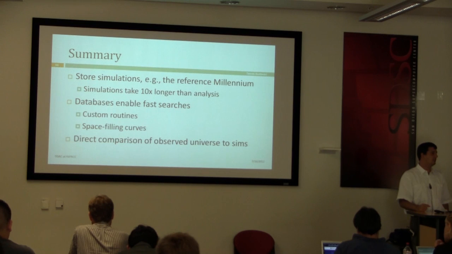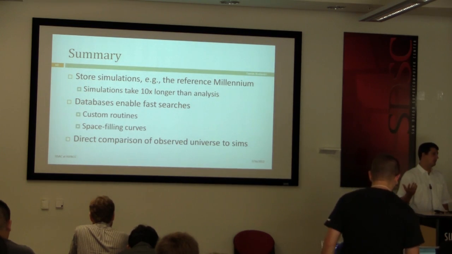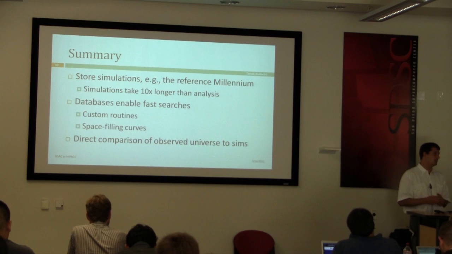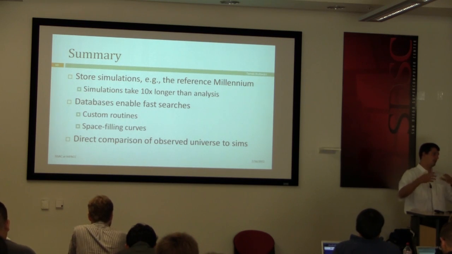So we'll talk later about how you do cross-matching, and that's where you would want to bring together different observations. Now, clearly simulations are not something that you compare object by object to the observations, but statistically, you can do the same searches on the different archives and then compare those.